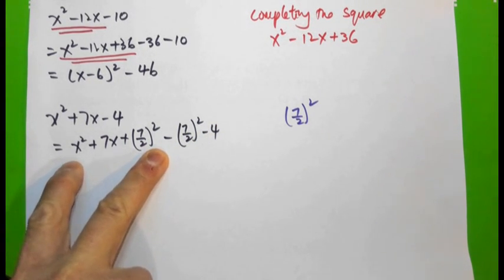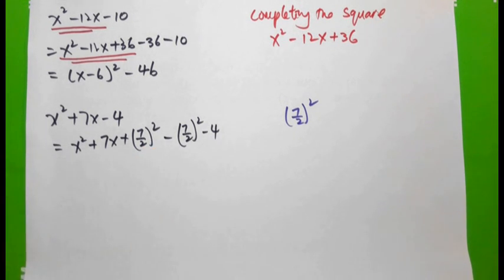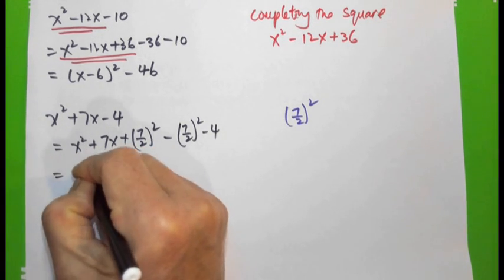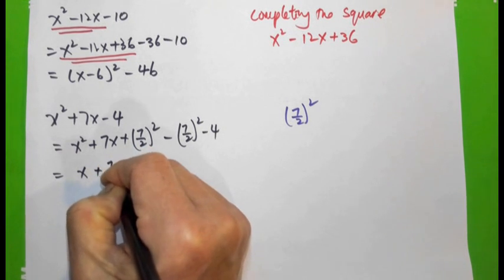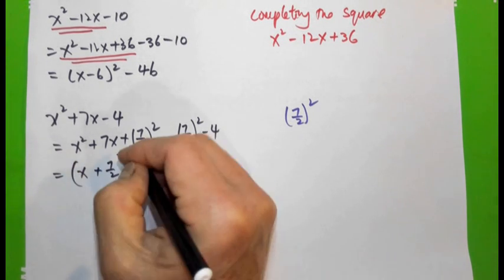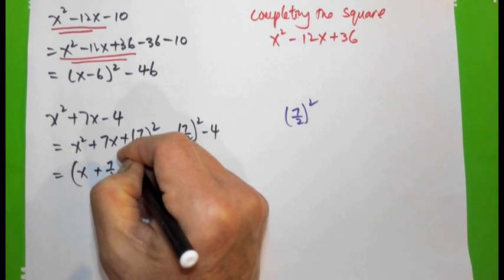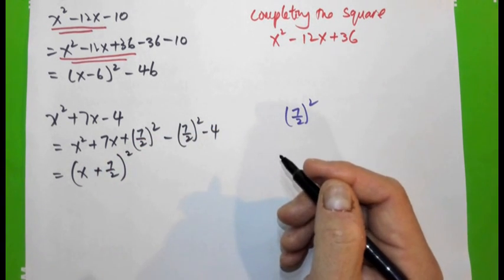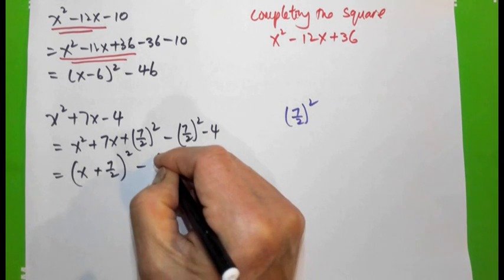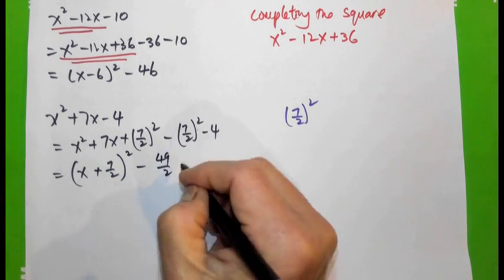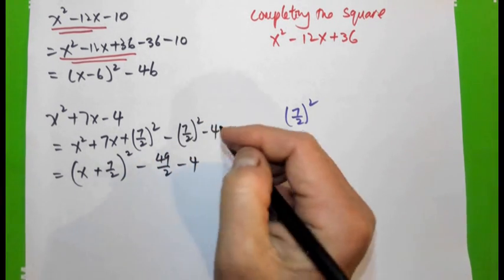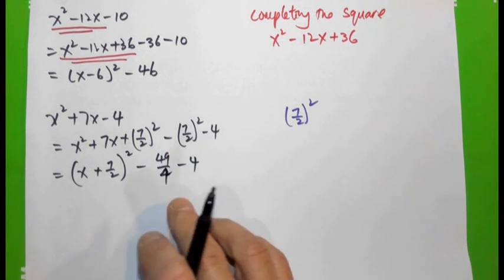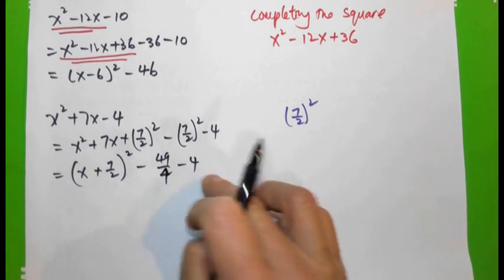Yes, this is actually a perfect square. That equals x plus 7 over 2 squared. Correct? That's minus 49 over 4, the square of that, minus 4. Actually, that is 4, so we can simplify that again.